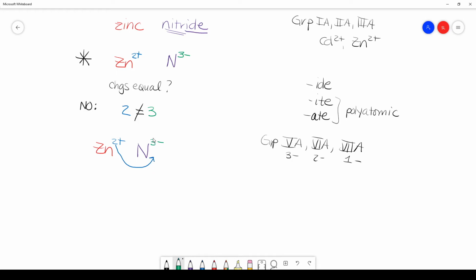And the value of the anion charge, the 3, is going to move over here and be the subscript for the cation. So when we rewrite this, we end up with zinc Zn3N2.